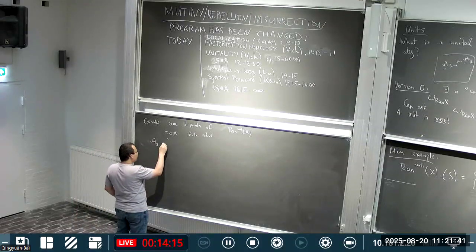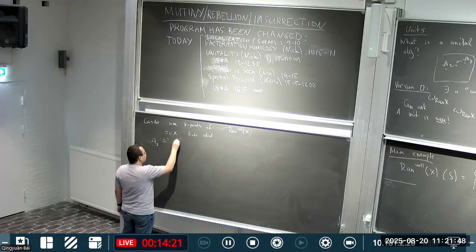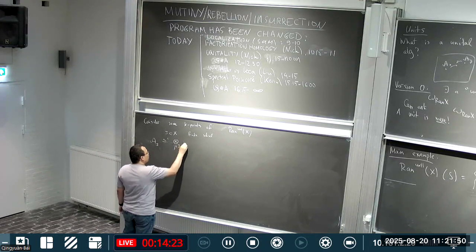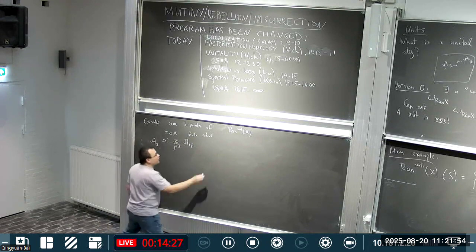Anyway, this is just some vector space. This is supposed to be the tensor product over all the elements of the set. This is what factorization does.